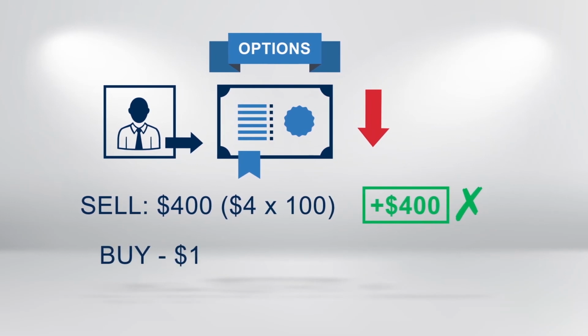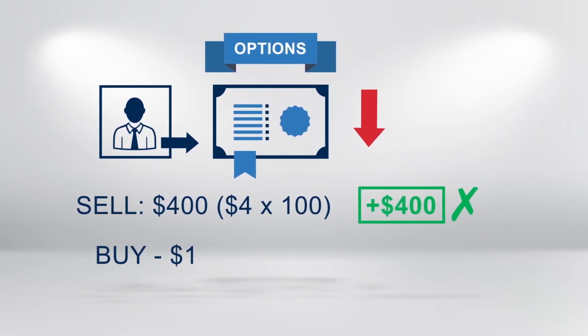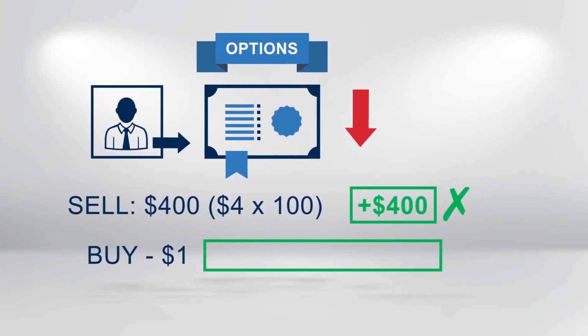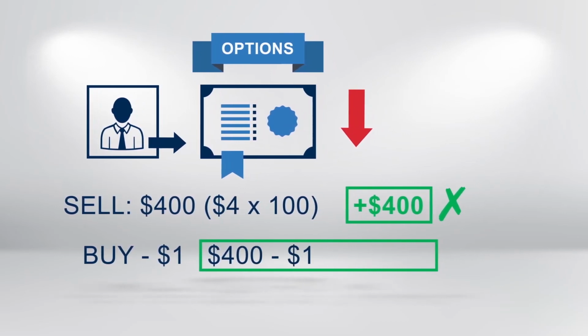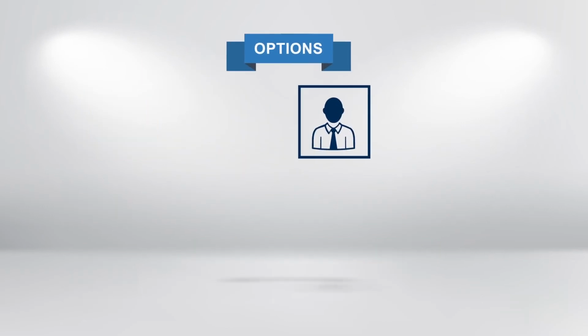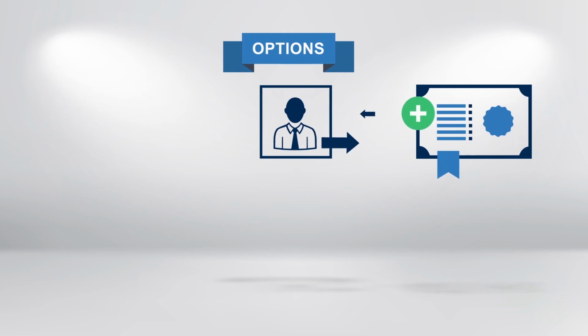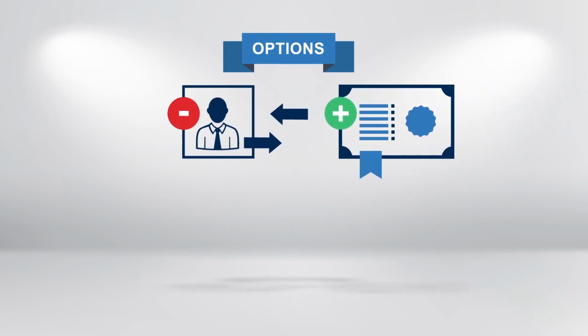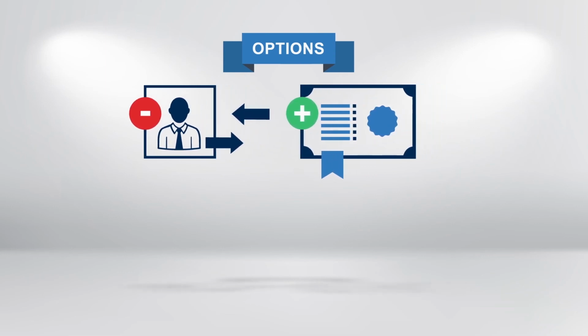Therefore, if you bought back the same option for $1, your net profit would be the difference, or $400 minus $100, which is $300. Conversely, if the option you sold cost you more to buy back, you would have a loss, as more money would leave your brokerage account than you collected.